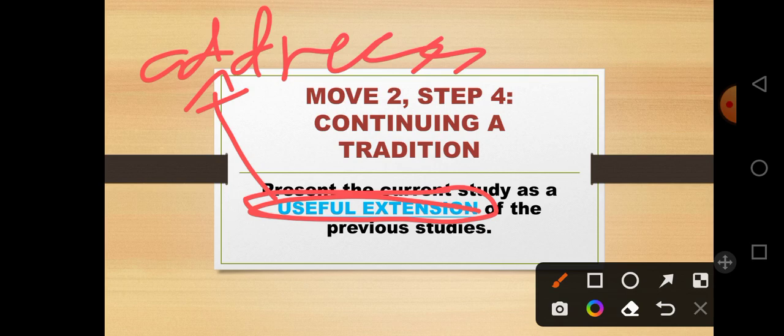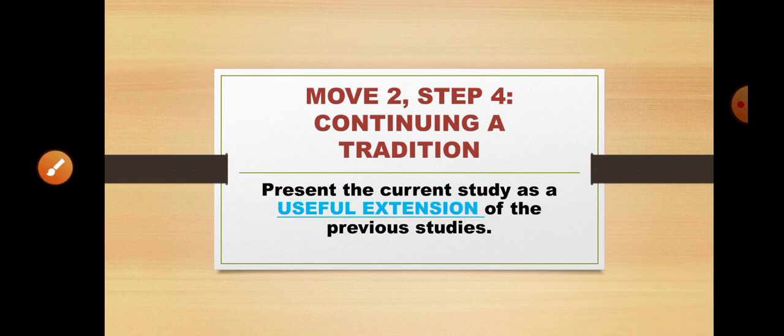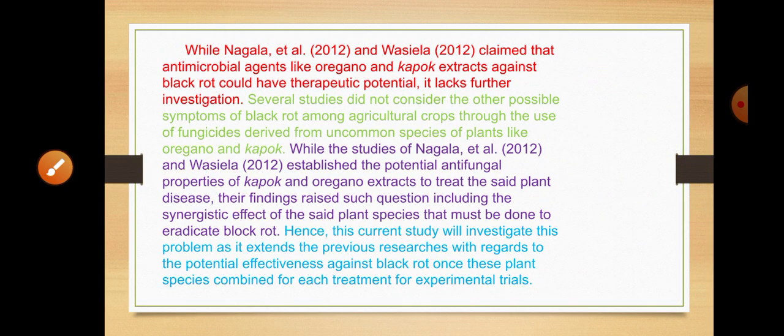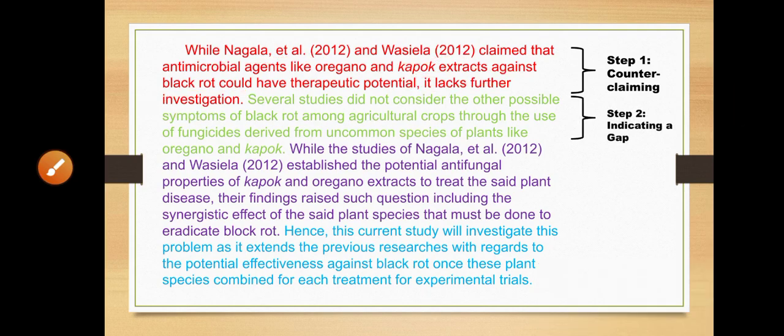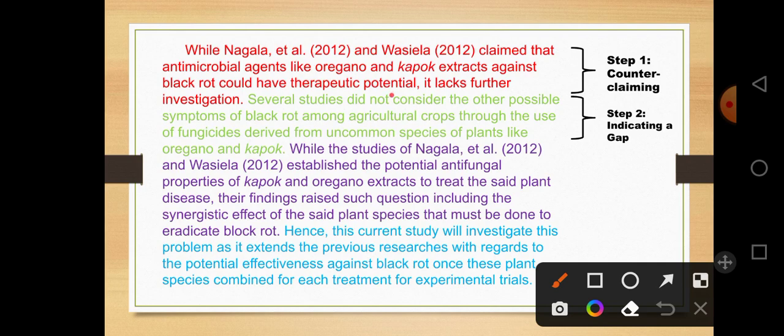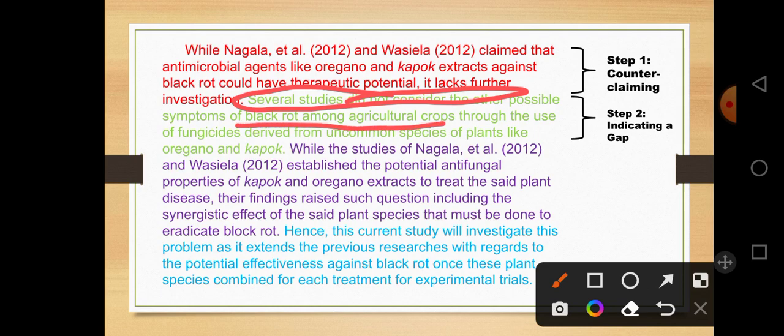So combining these 4 steps, we can formulate our move 2 of our research introduction, and it will look like this. It will form a single paragraph. So we have here step 1, counterclaiming, where the researcher will present a counterclaim or an opposing claim that the previous studies must be further investigated. In step 2, you will present evidences that the several studies did not consider, or did not sufficiently address the existing problem.